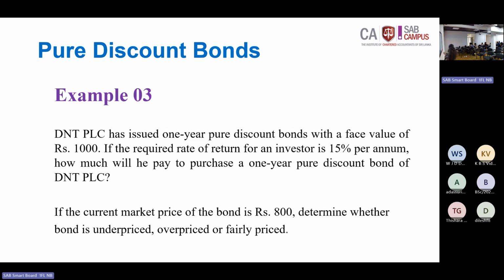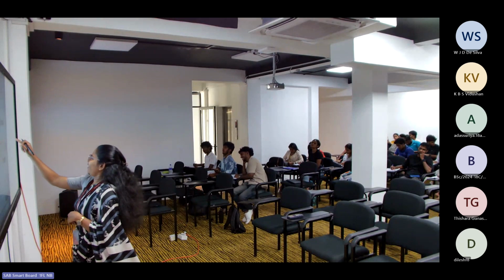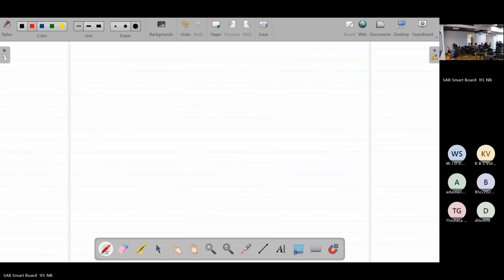Face value equals 1,000. R, what's the rate, the interest rate, or else the required rate of return? 15%.